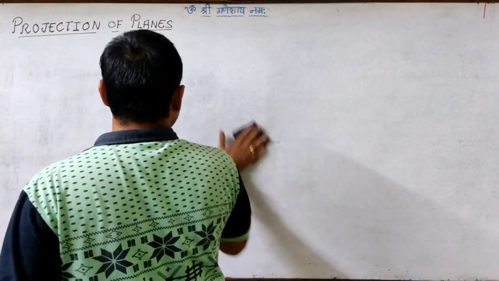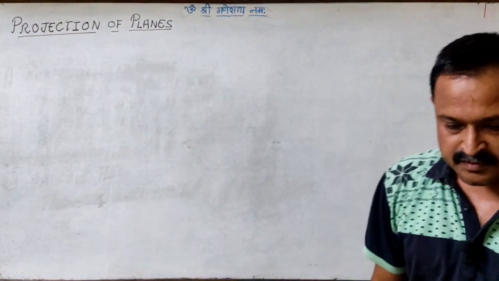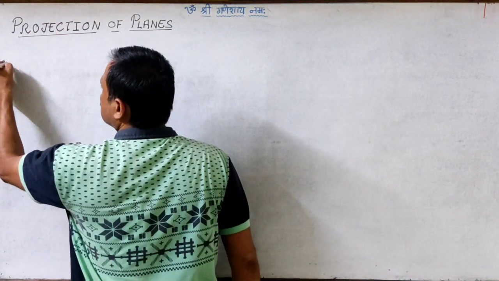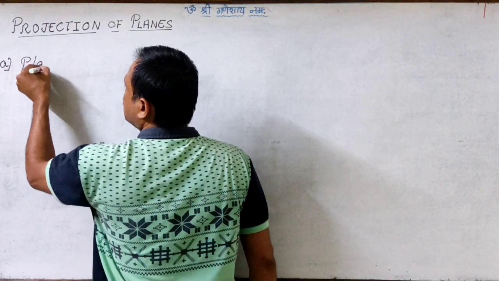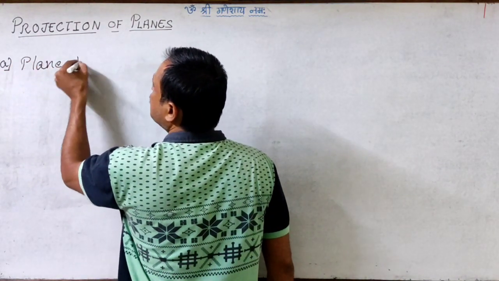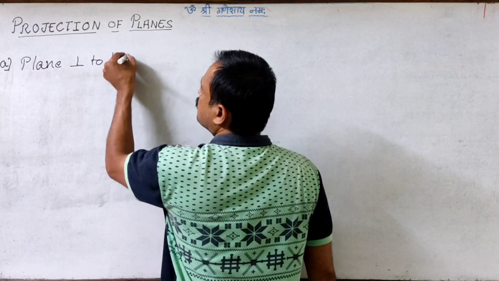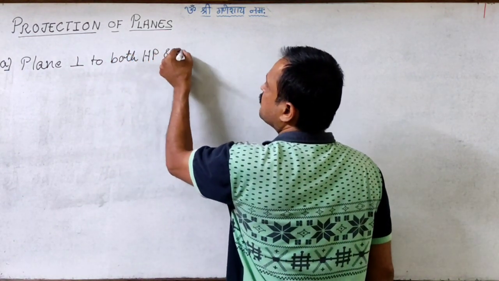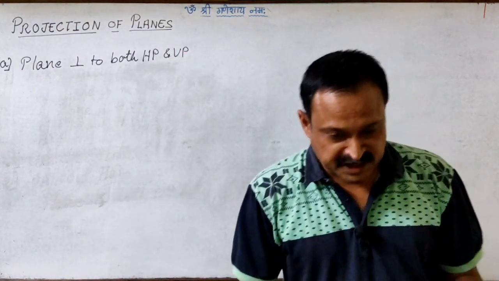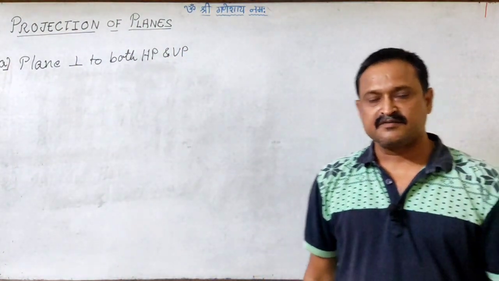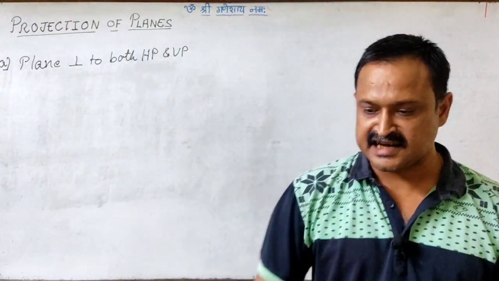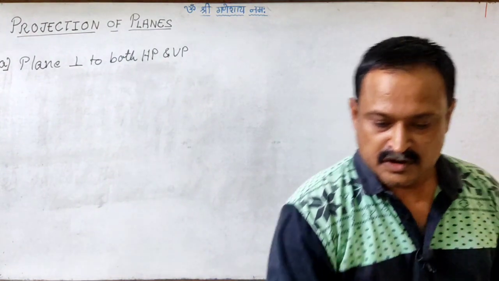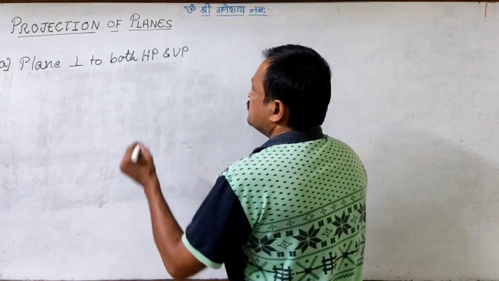So if we see the first condition for perpendicular planes, we have taken a plane perpendicular to both HP and VP, right? So projection means we have to go for the front view and the top view, or the elevation and the plan, and if required we will go for the profile view.